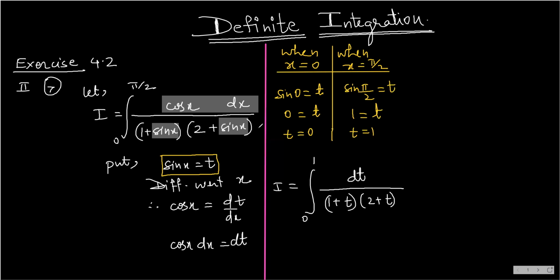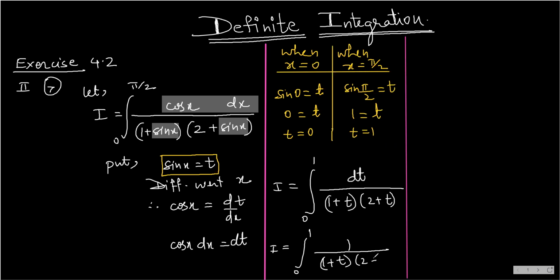In the denominator I get (1 plus t) and (2 plus t). Now I go for the partial fraction method. I write I as the integral from 0 to 1 of 1 upon (1 plus t)(2 plus t) dt.